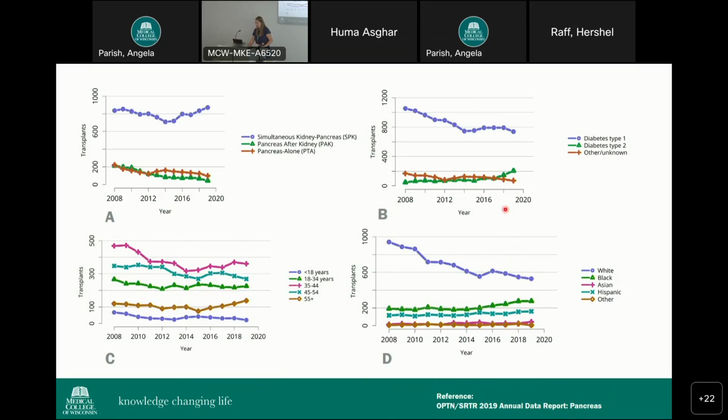However, in the green line, you can see that type 2 patients are on the rise. And looking at graph C, what is the age of the majority of our transplant recipients? That would be the pink line, ages 35 to 44. And the majority of patients receiving transplant are white, as indicated in graph D. However, the numbers of Black, Asian, and Hispanic recipients are also rising.